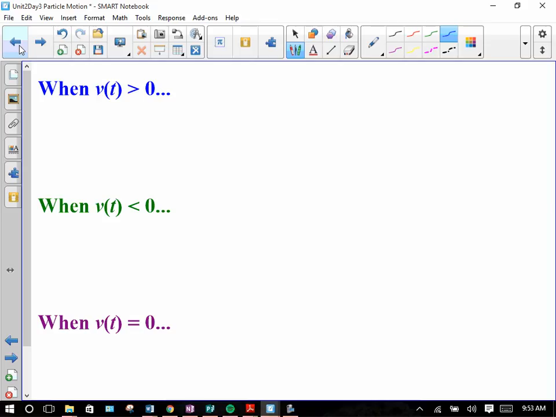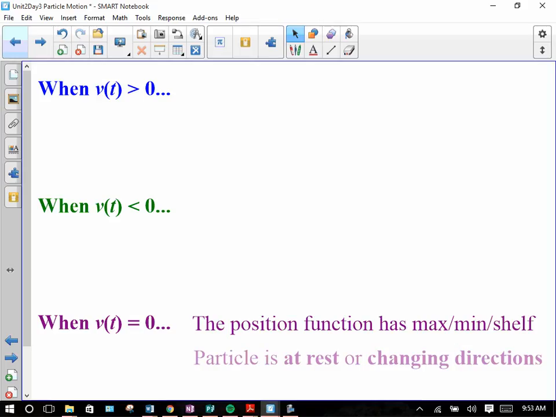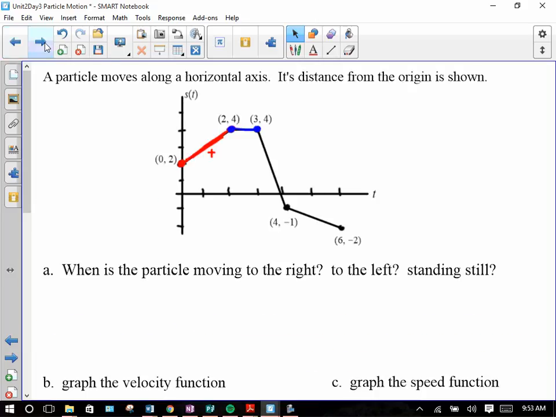So when v of t, the velocity, is equal to 0, or when the slope is equal to 0, the particle is at rest.